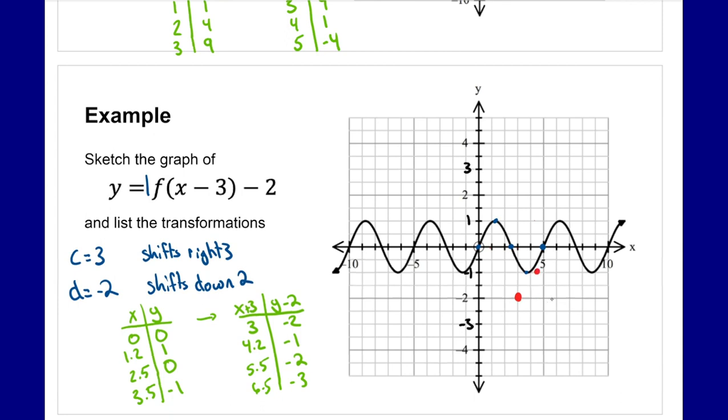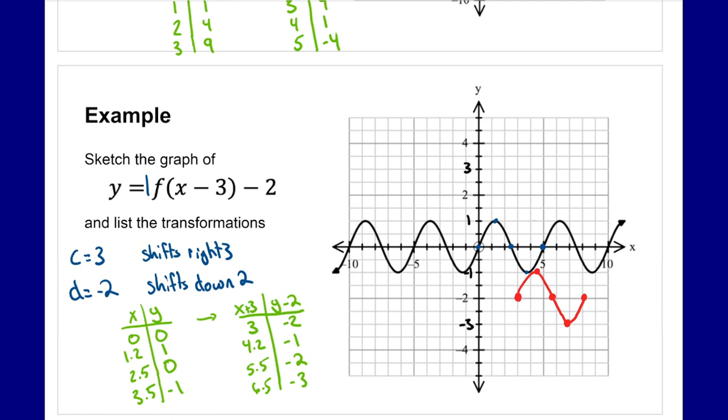And then 5.5 and -2. And then 6.5 and -3. And we know we kind of have it building back up. So we'd have another one over here. So this is more what our graph should look like because we're shifting it based on the scale, not just the number of squares. So we want to be careful of that.